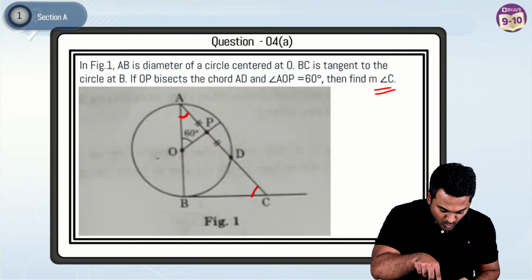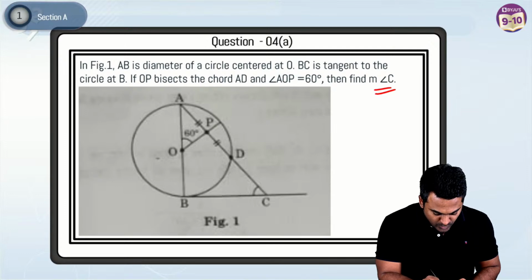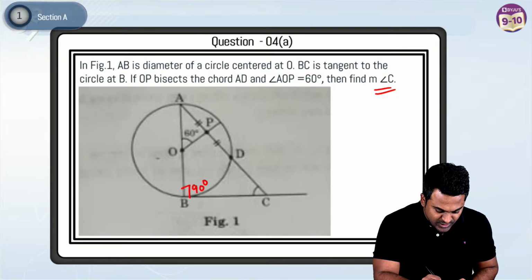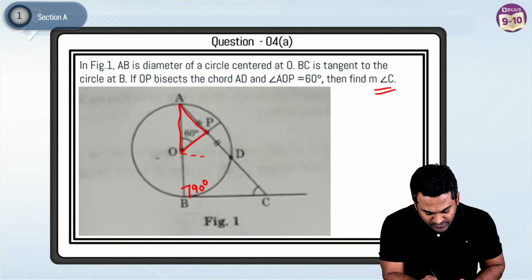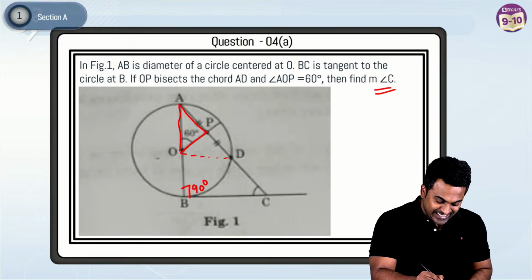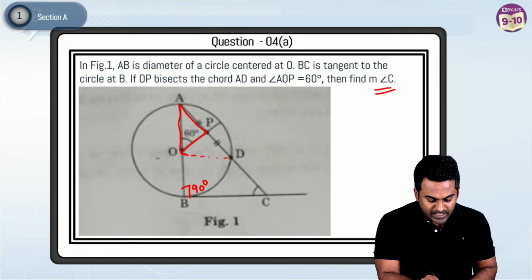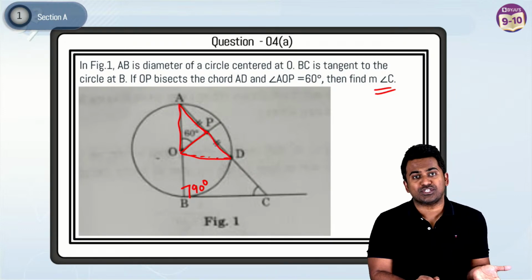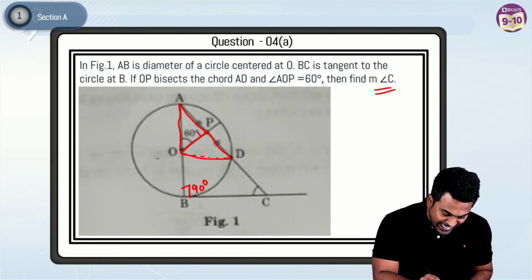Now, observe this. Let me just rub all of this out. We know this is 90 degrees. Now look at this triangle here. If I join this, you know OD and OA are the radius, right? And it is given that it is bisecting this side AD, which means this triangle OAD is going to be an isosceles triangle, which means this angle here is going to be 90 degrees.